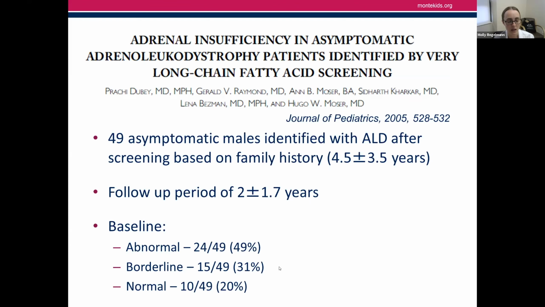And at baseline, roughly half had frank adrenal insufficiency. A third were felt to be borderline adrenally insufficient. These are the boys that we would typically give extra steroid to in times of stress, like sedation or fever. And only 20% actually had normal results at baseline.